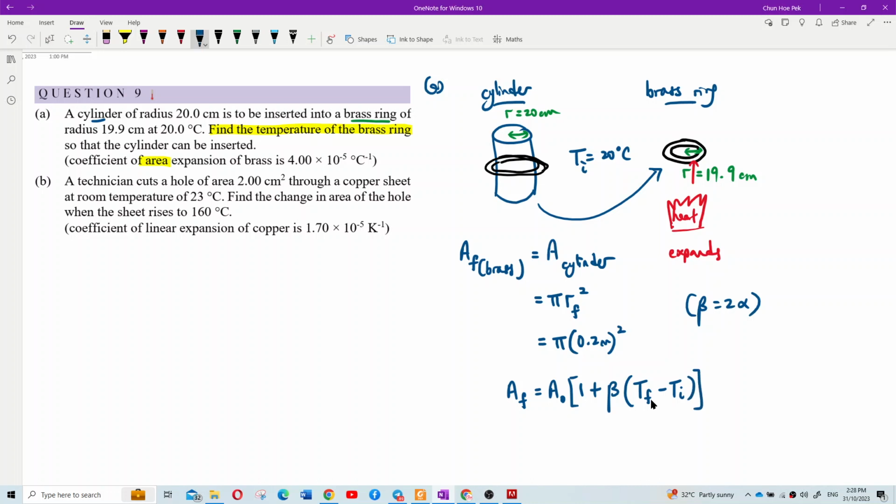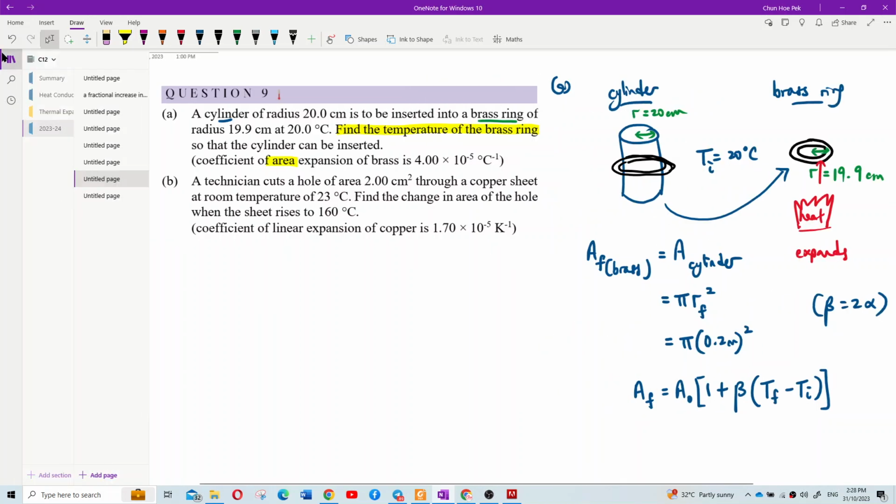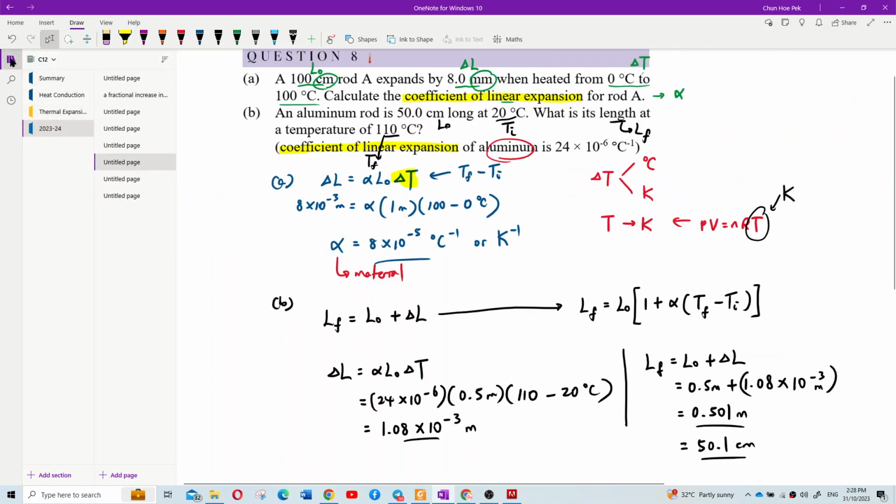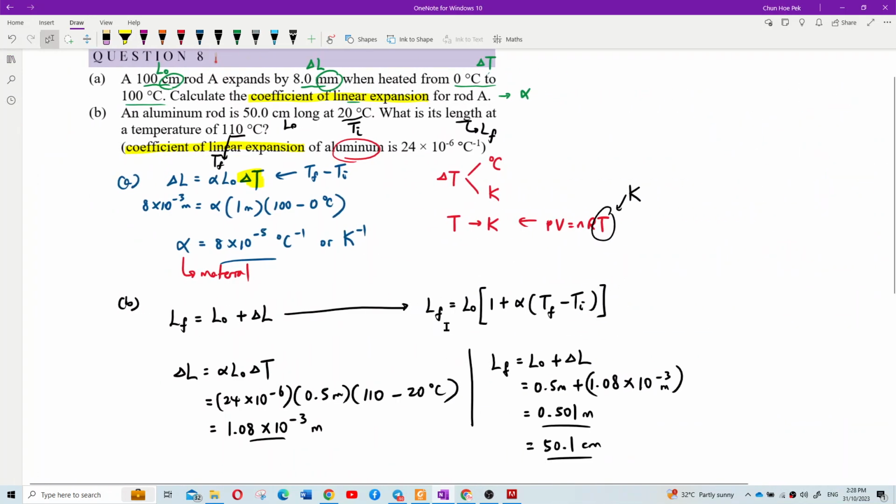Like just now, I also mentioned length, isn't it? If we use length, we use alpha. The formula is the same, you see? L = L0(1 + alpha(T final minus T initial)). So if it's area, you just change to area final equals area initial times 1 plus beta (T final minus T initial).